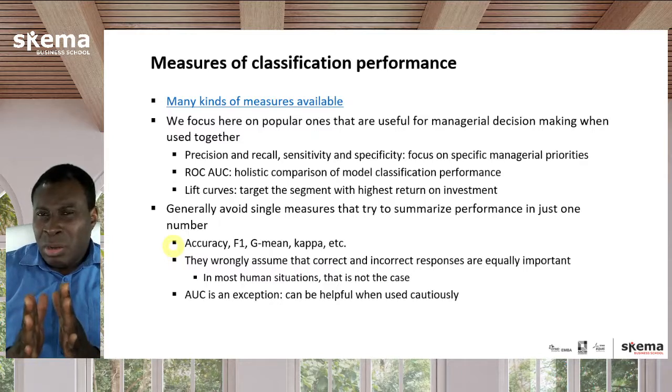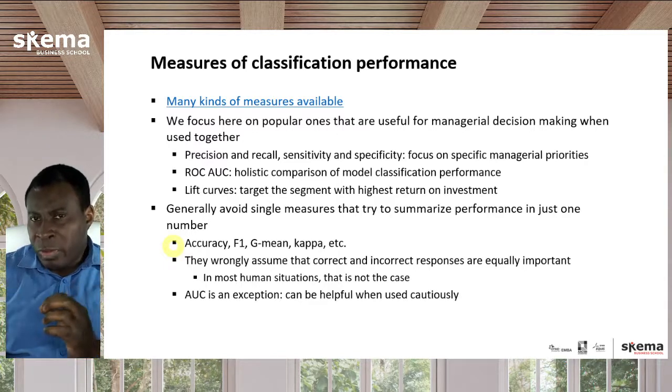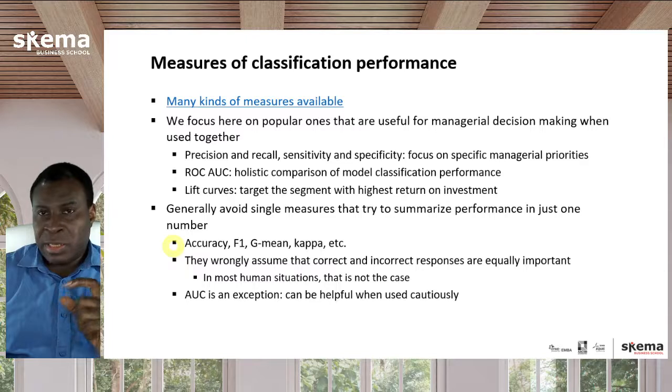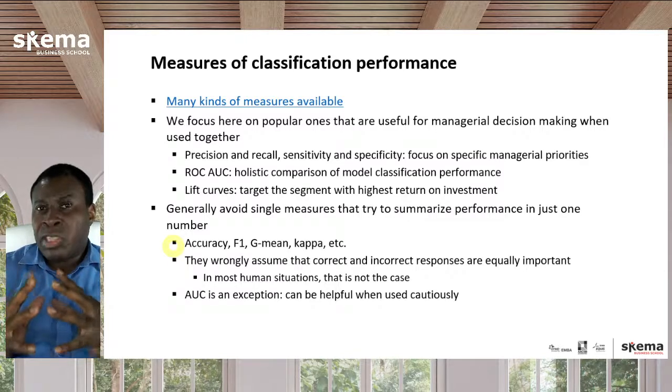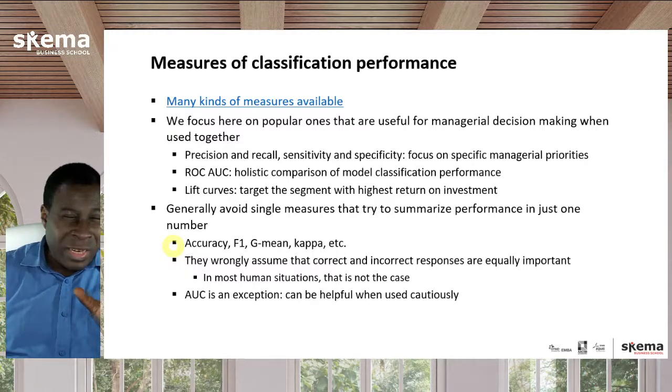Almost always, a manager cares more for correct classification or more for incorrect classification, and cares more for positive or for negative cases. There's really a lot of managerial discretion on what is more important or what is equally important. So lumping everything into one number really loses a lot of that important intuition.